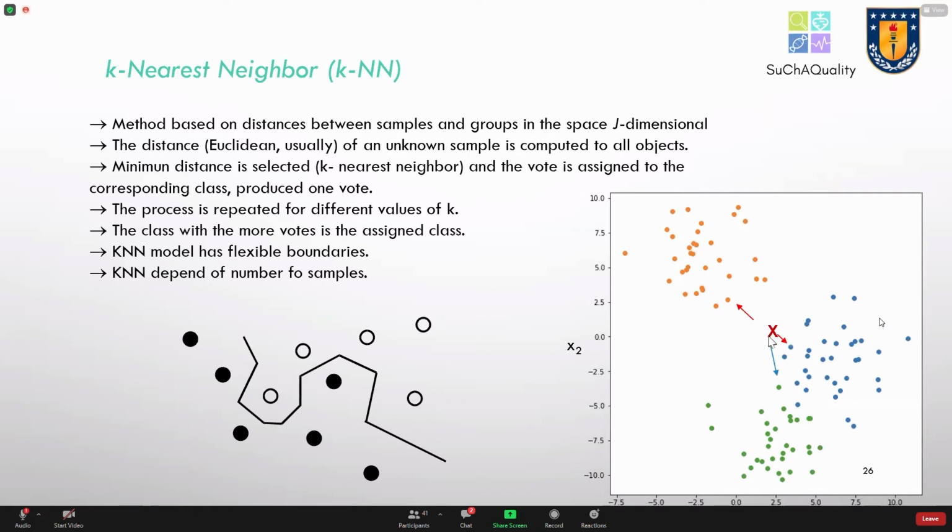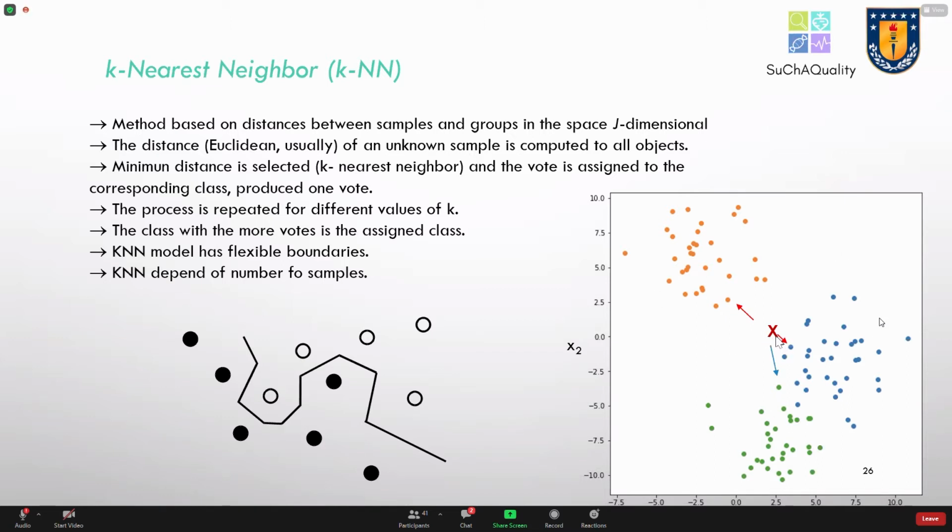Here is my sample, the problem, and here I have 3 classes, class 1, 2, and 3. Okay, so this method will calculate the distance. Normally, it's the Euclidean distance, which can also be the Mahalanobis distance, but maybe the Euclidean is the most used.